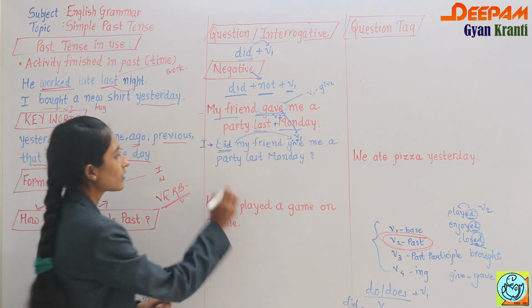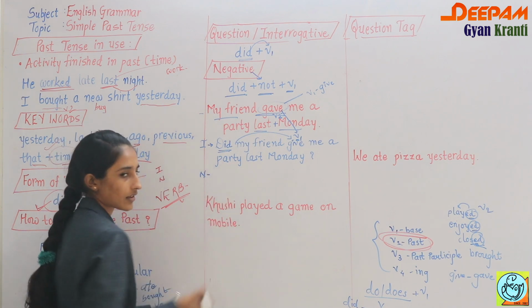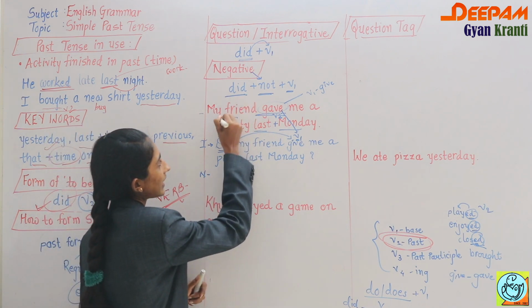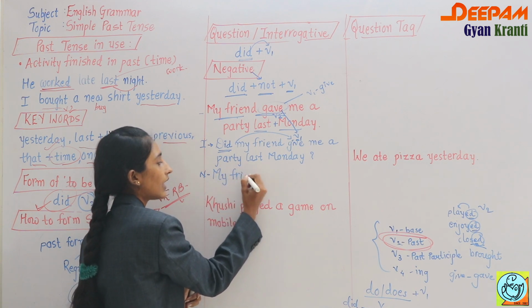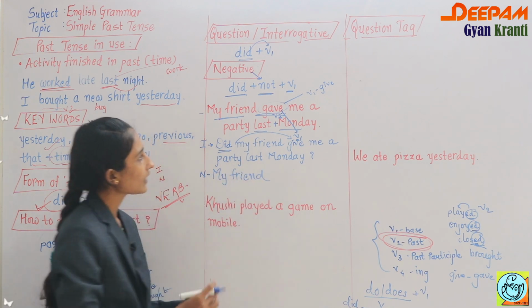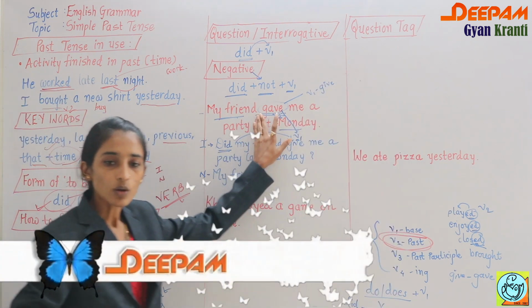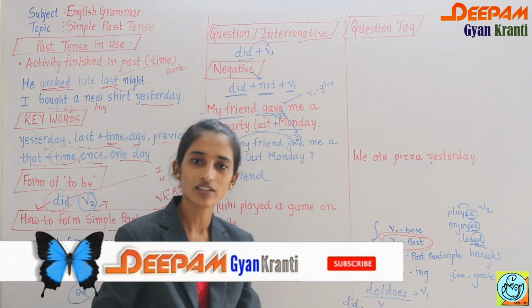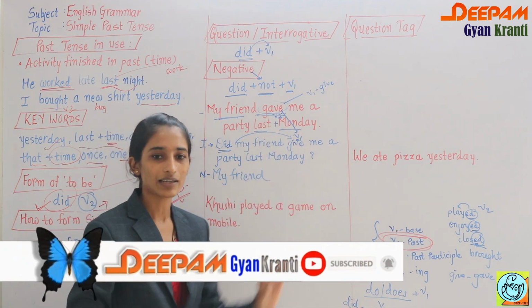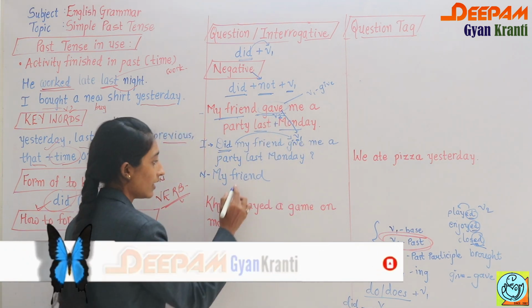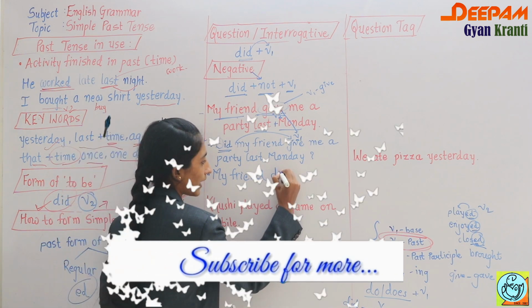Now we want to change it into a negative sentence. In negative, first comes the subject, so my friend is the subject. Then the to be form. See, again we have V2. Now it should be very clear to you that when V2 is given, we have to use the to be form did. So: my friend did.